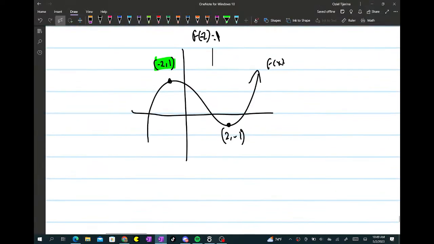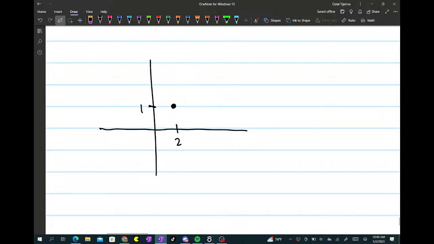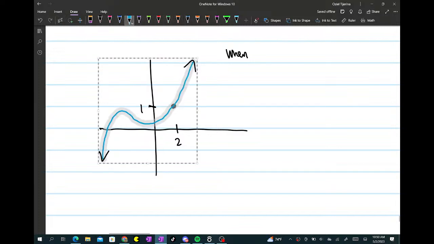And what if I say, let's say another example, right? Here's 1, and I'll put 2 here. And let's say that this curve here, and I'm going to color code it, is f of x, right?